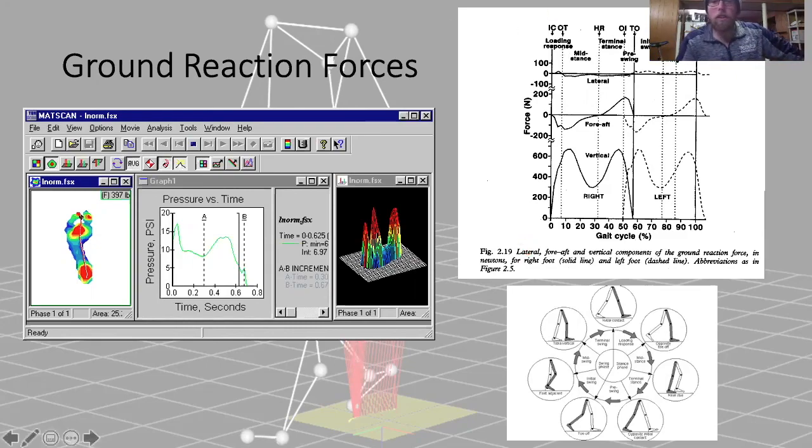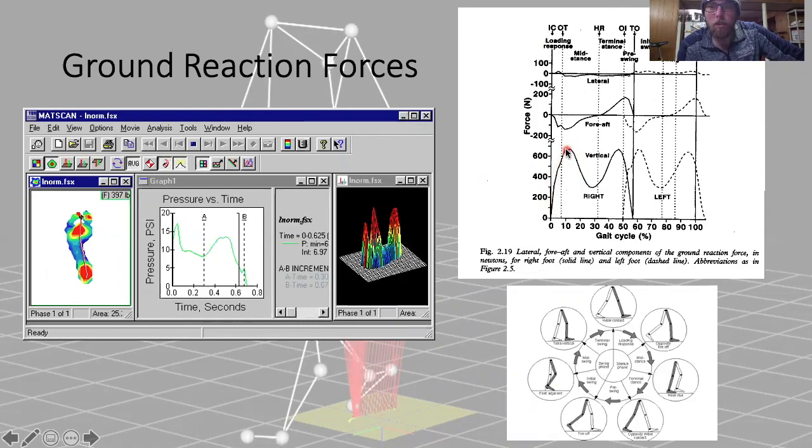So let's go ahead and take a look at this here. One of the biggest things we want to pay attention to here is vertical ground reaction force. During initial contact, if you look at this, here is that butterfly simulation that we talked about a couple slides ago. If you look at that initial contact, that's your heel strike.